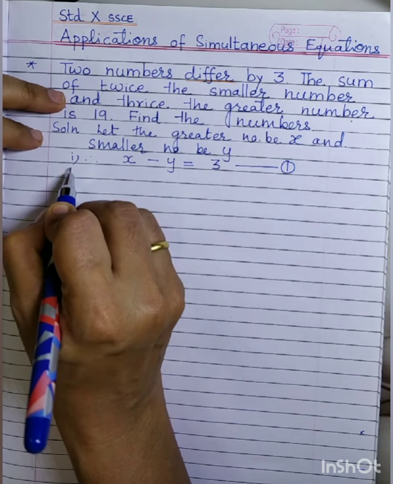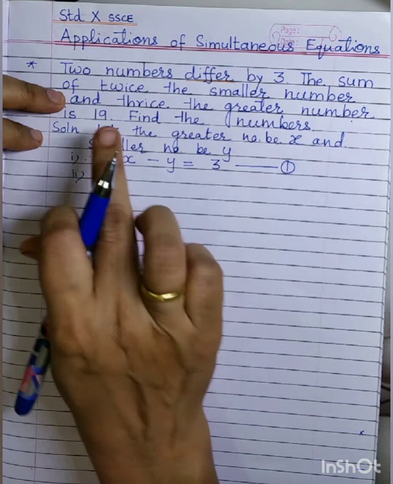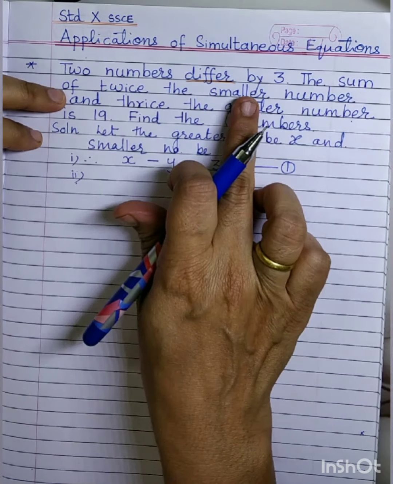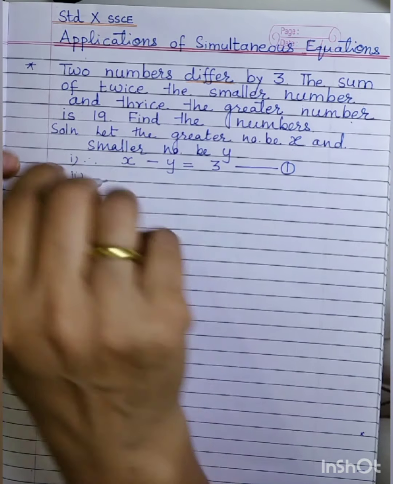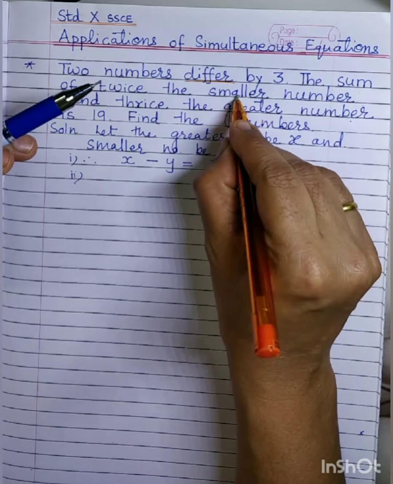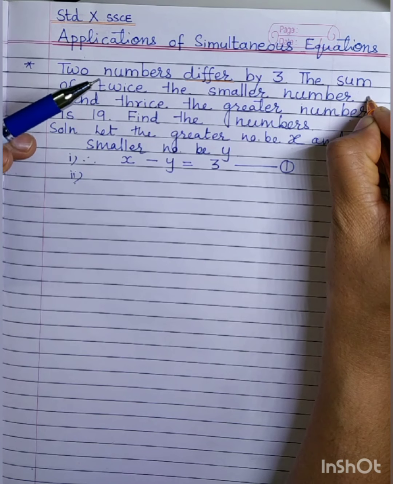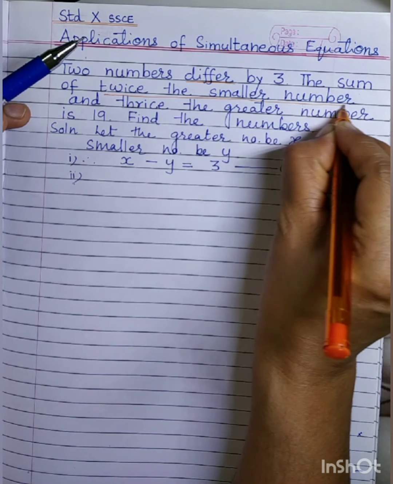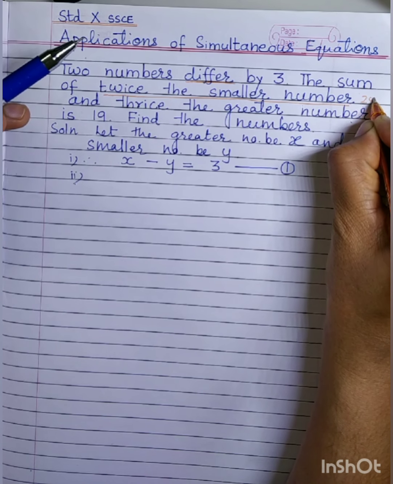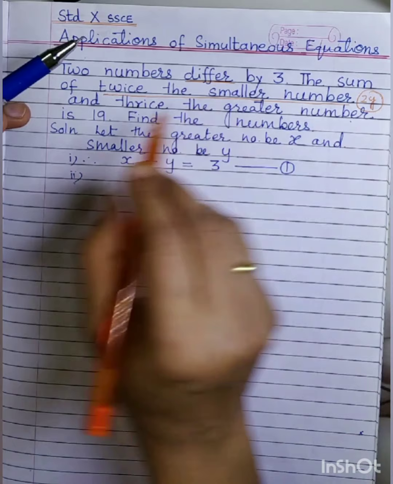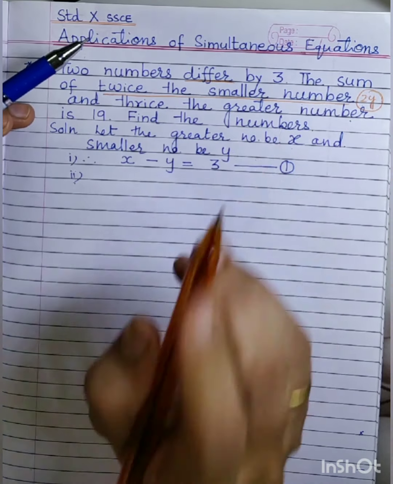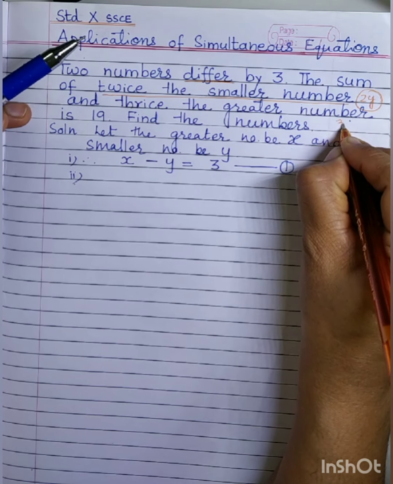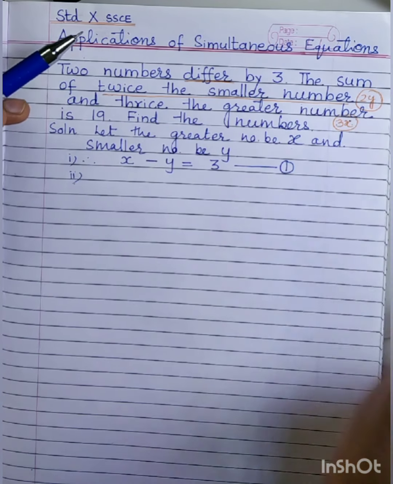Now the second equation. The sum of twice the smaller number. So what is our smaller number? We have assumed y, and twice the smaller number, what will it give you? 2y. And thrice the greater number. What was our greater number? x.